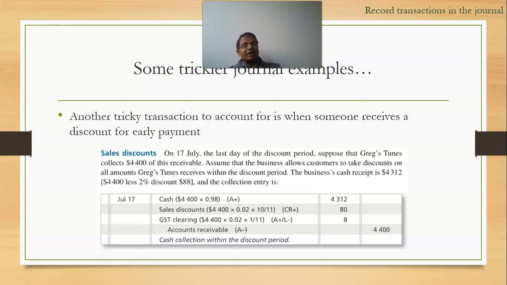But if they give money, account receivable now decreases, our claim reduces. So asset account decrease, credited. Cash asset account increase, debited. Discount is a loss, an expense, debited. GST loss, which we are not receiving, is debited.